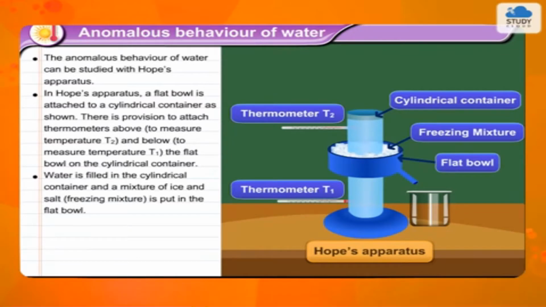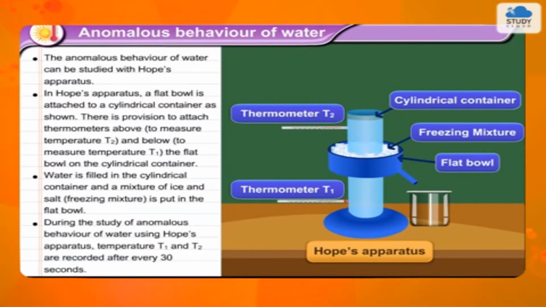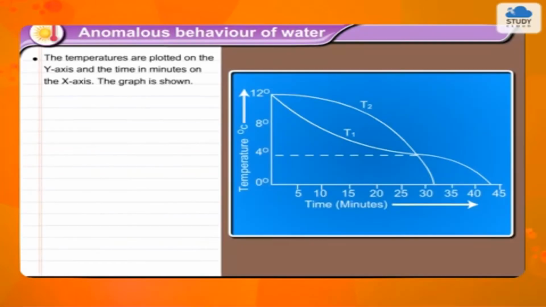During the study of anomalous behavior of water using Hope's apparatus, temperatures T1 and T2 are recorded after every 30 seconds. The temperatures are plotted on the y-axis and the time in minutes on the x-axis. The graph is shown. The graph shows that initially both the temperatures T1 and T2 are identical.